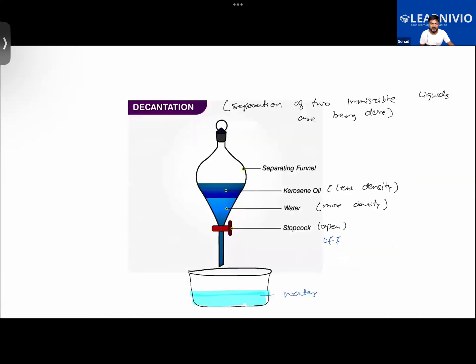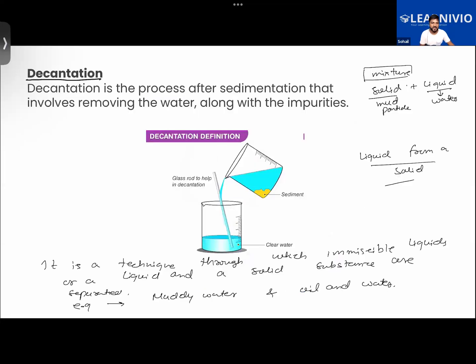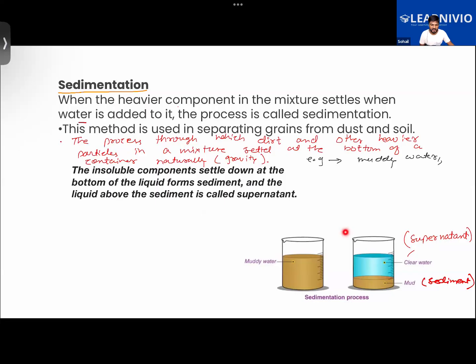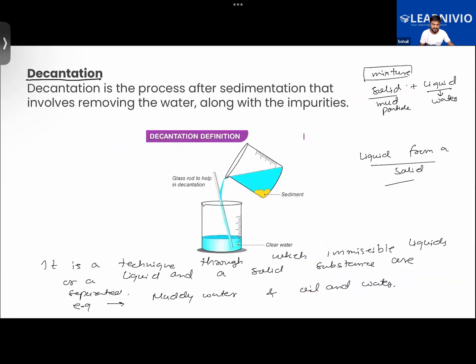Furthermore, we can do decantation for separation of two immiscible liquids also. Here we had the example of an insoluble heavy component being separated with the method of decantation, an insoluble solid component deposited at the bottom.